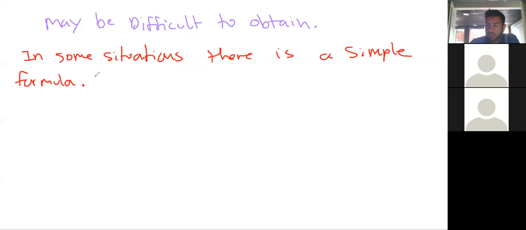So let's illustrate sort of what we mean by this. And perhaps the best way to do this, because it sets up for what happens later, is to consider the following problem.